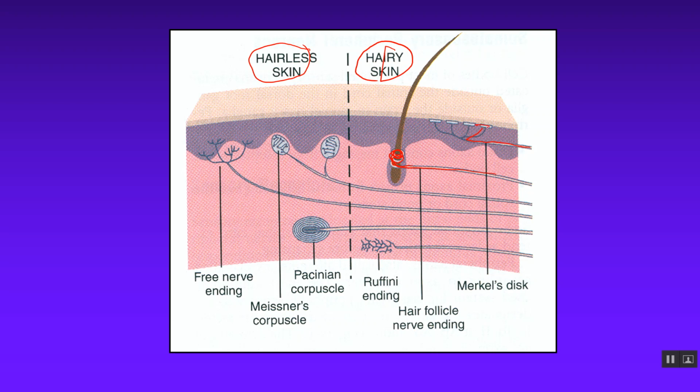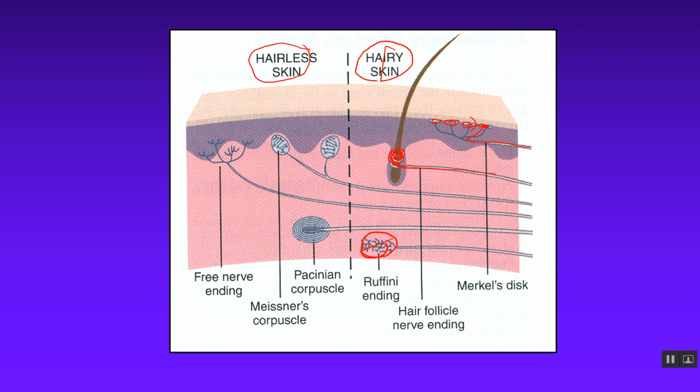You do have more Merkel's discs. These Merkel's discs sit right on the surface of the skin, at that junction between the epidermis and the dermis in hairy skin. Doesn't mean you don't have any Merkel's discs in hairless skin. This is just accentuating the differences between the two. You tend to have more Ruffini endings and Merkel's discs and the hair in hairy skin.